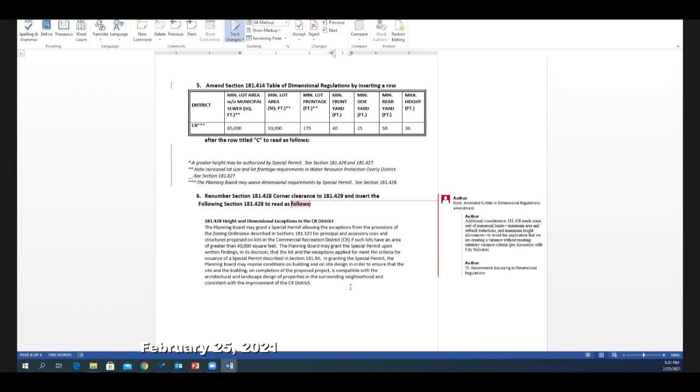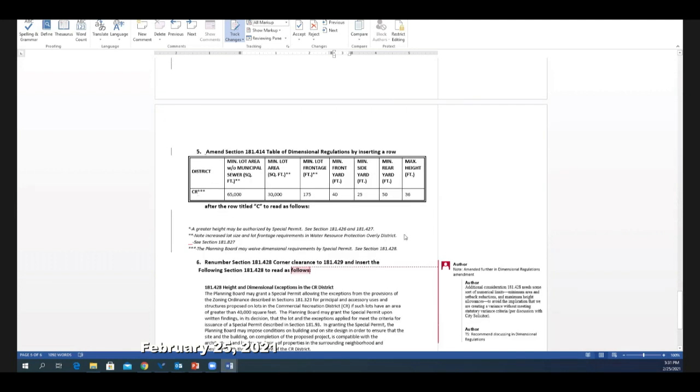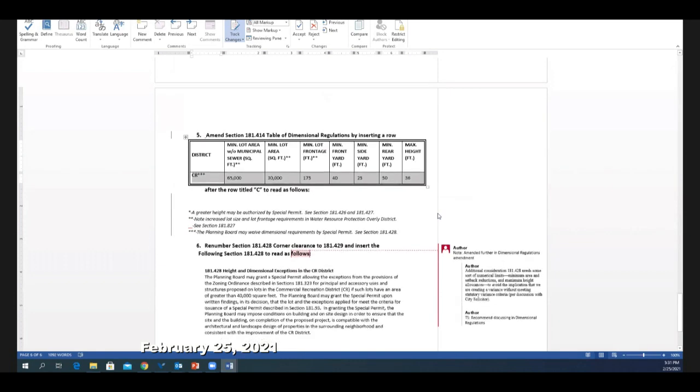So I might suggest that we leave this out for now, but otherwise, the basic concept here would be the dimensional regulations for this district, and the district would then get height and dimensional exceptions allowed.